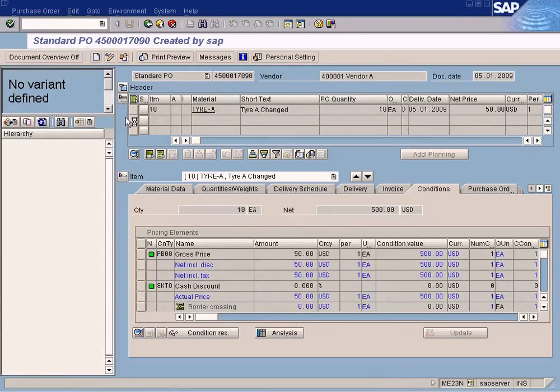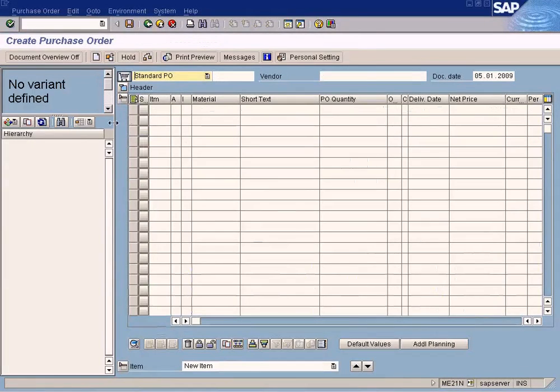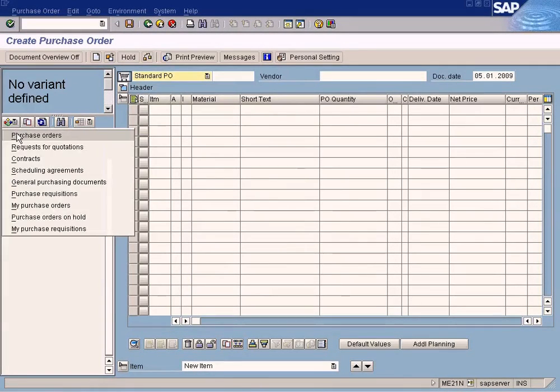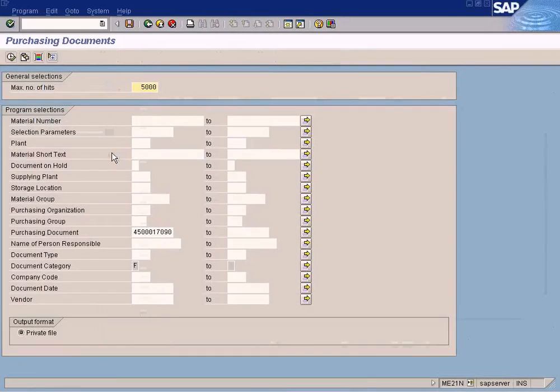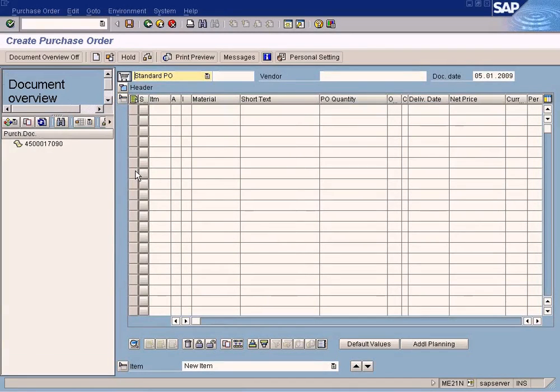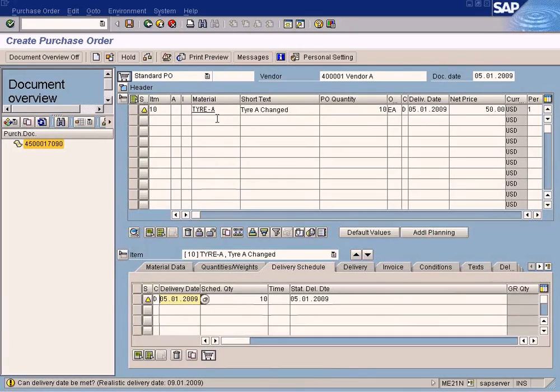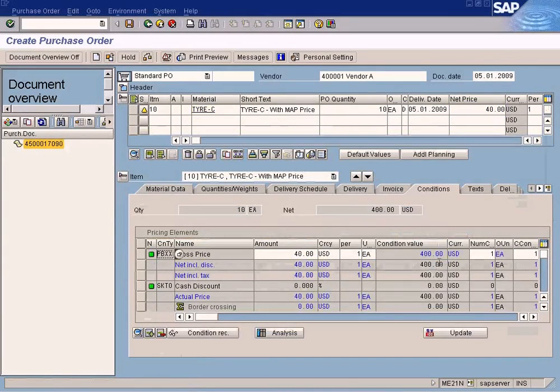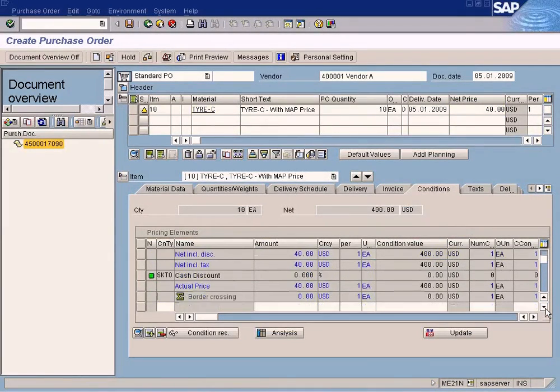Now I create with ME21N. Let me adopt this and change this to C. Let me confirm the conditions.